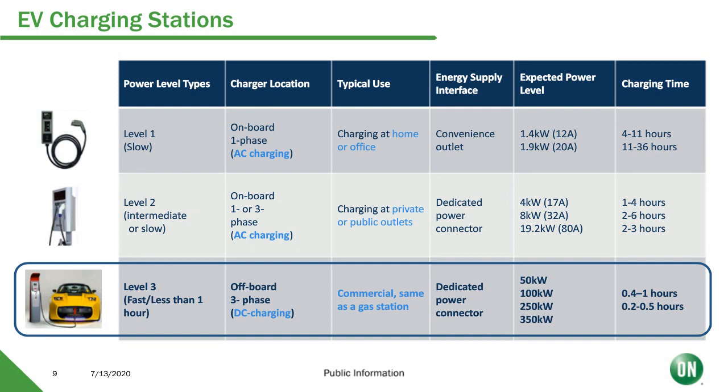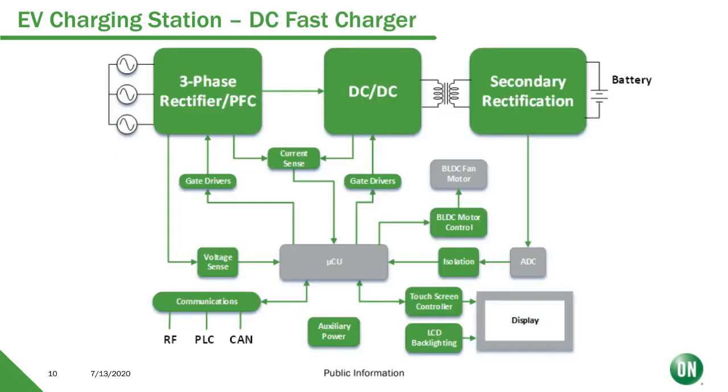Again, turning to a block diagram of a DC fast charger. Similarly, there's 4 main power blocks that we'll be looking at today. You'll have a 3-phase rectifier PFC stage that will rectify the input voltage, and that will feed into a DC-DC.